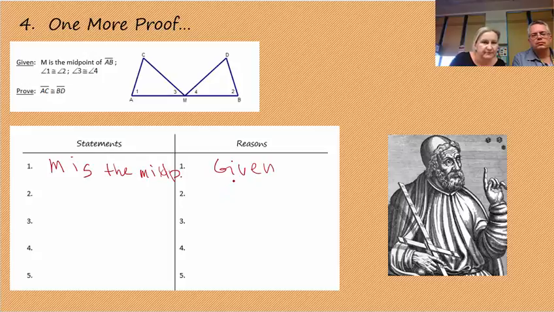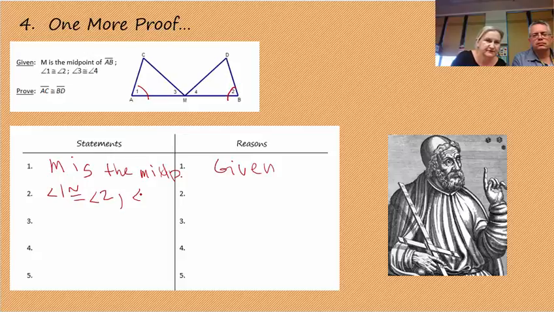My second piece of given information are the angles. So I know angle 1 is congruent to angle 2. Here is my angle 1. Here is my angle 2. And also angle 3 is congruent to angle 4.